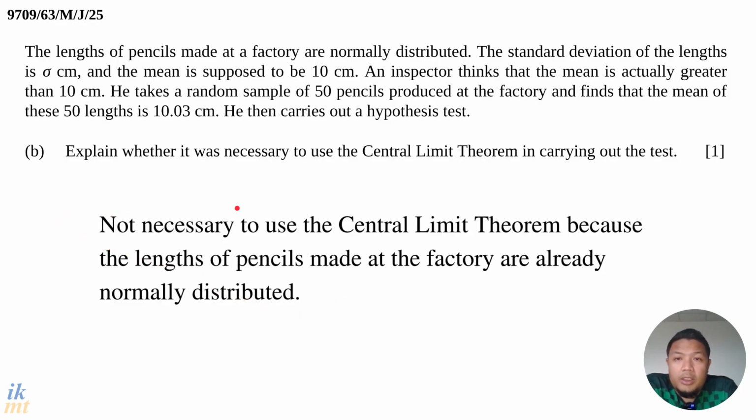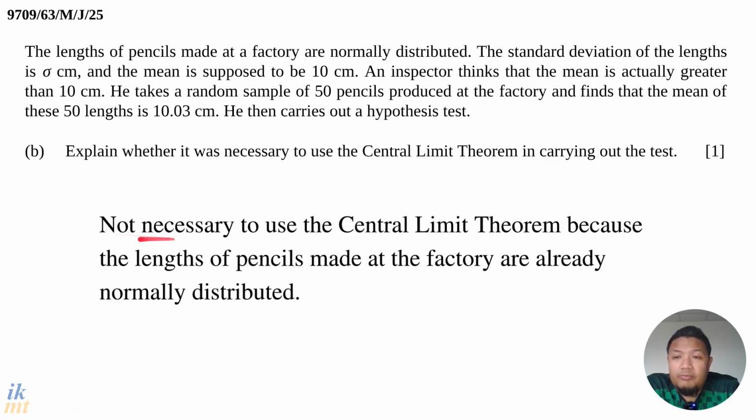So now, sometimes students who don't understand the concept will just say, hey, this is a 50-50 question where you answer yes or no, and if you're lucky, you just say no, not necessary, and you get that one mark. Actually no, because this question says explain. If it says state whether it's necessary to use the central limit theorem, and you say no, that's good enough, right? You'll get that one mark. But it does say explain, and so you will need to actually explain why your answer was not necessary.